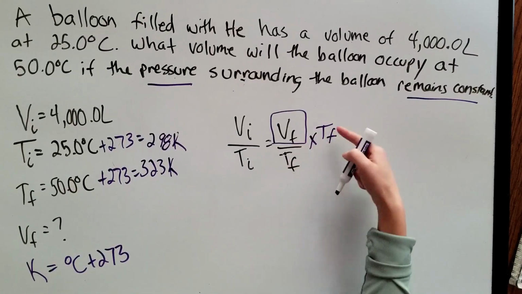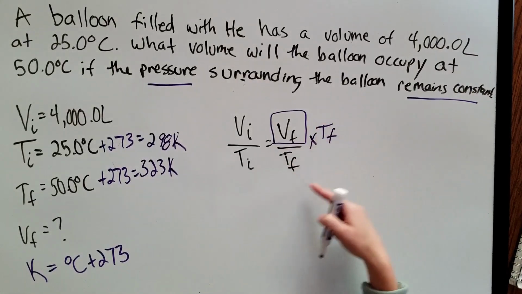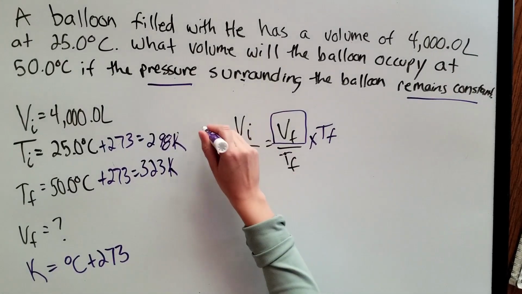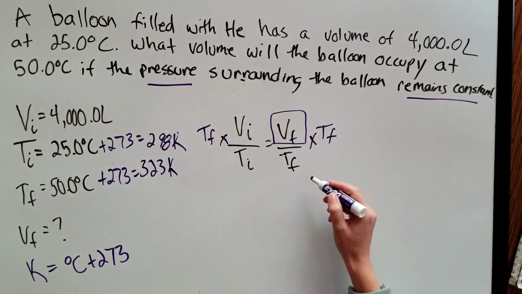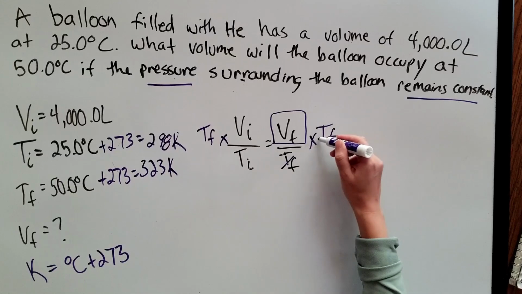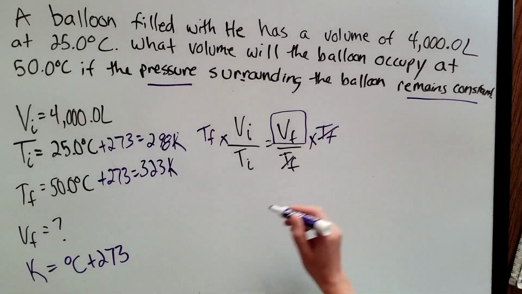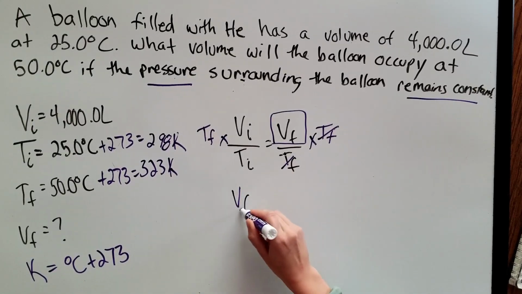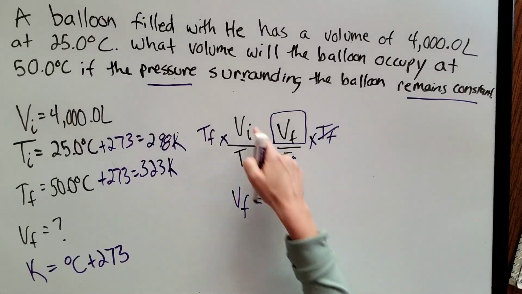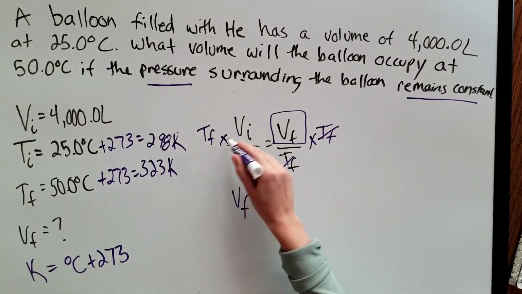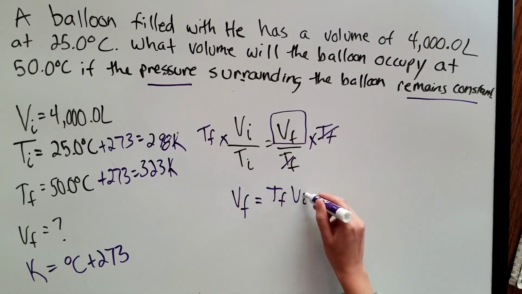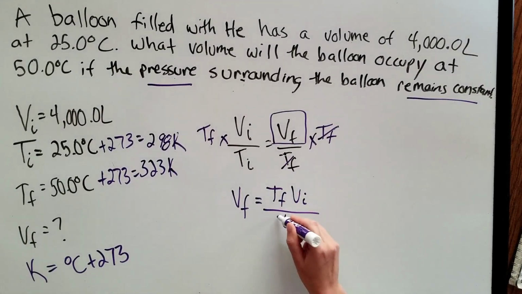They're on opposite sides of the horizontal line. Whatever I do to one side of the equation, I have to do to the other. So I'm also going to multiply the other side by TF. What this does is it cancels it out on the right side of the equation, leaving VF by itself. And then this side becomes TF times VI, and all of that is divided by TI.